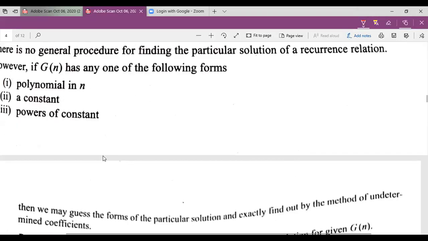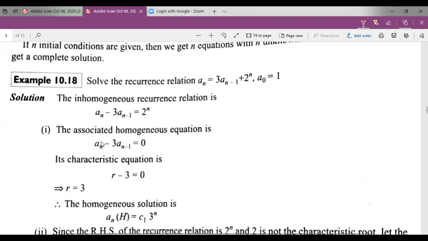Problems on non-homogeneous equations. Solve the recurrence relation a_n = 3 a_(n-1) + 2 to the power n with initial condition a_0 = 1.